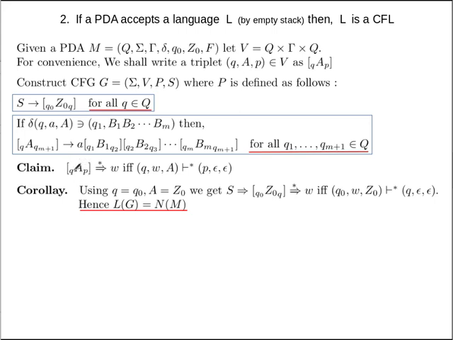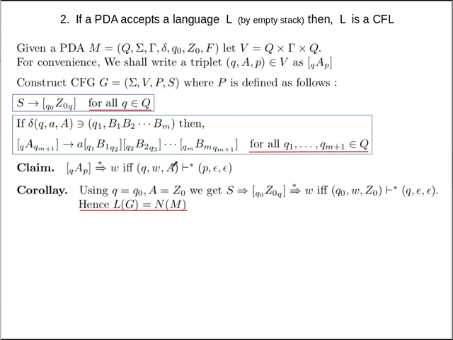this symbol will derive a string over terminals, this W, if and only if the PDA, if it starts with say this state Q, so say this Q and P are mentioned here. So if it starts with state Q and processes this W with this A as its stack string, so the stack contains only this one symbol.